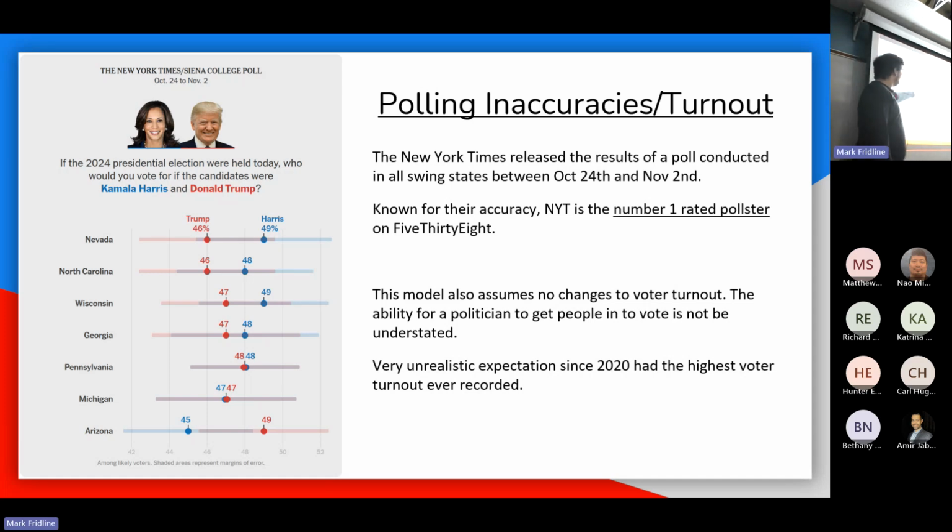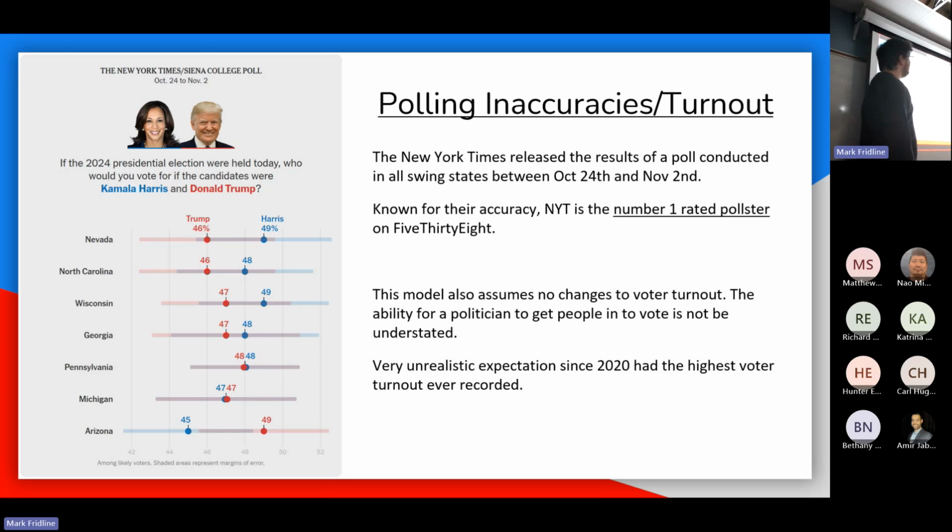They had Nevada, Harris winning by 3%, and notice how Harris almost was on top of their interval. The New York Times had Harris taking 4 of the swing states, 2 of them tied, and Trump taking Arizona by a lot, which is what ended up happening in Arizona. So that's good.